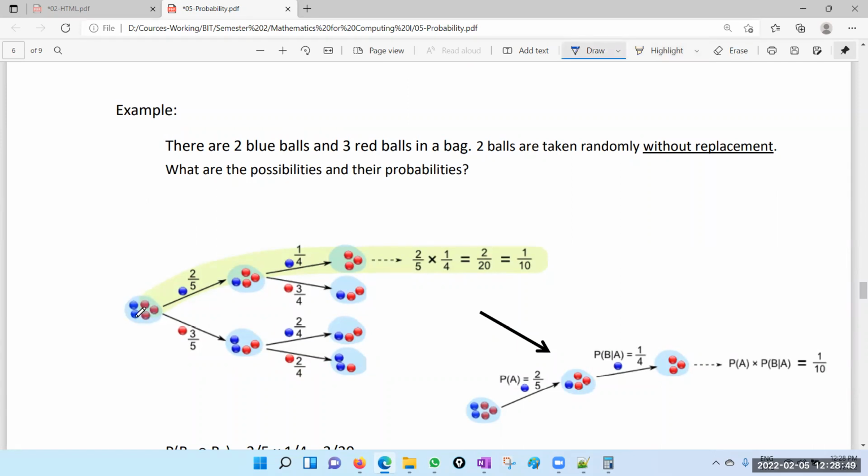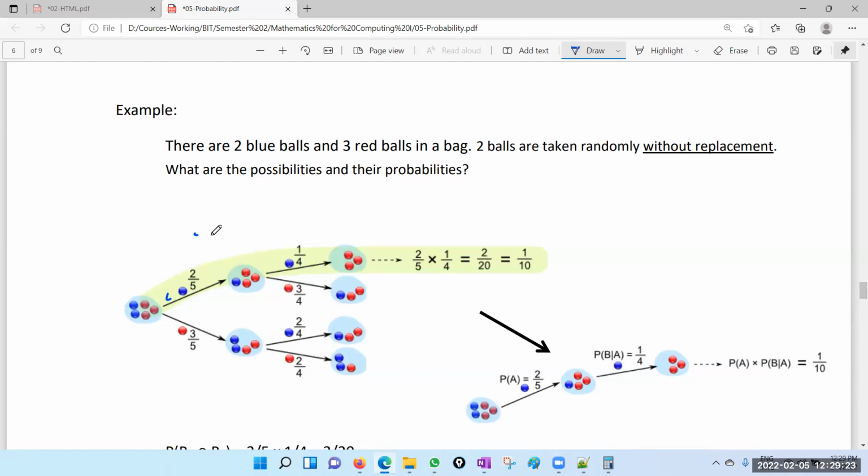But if the first take is blue ball, now you don't have 5 balls. You have only 4 balls, and out of that you have only 1 blue ball. And if the first take is red ball, now you have 4 balls, and we have 2 red balls and 2 blue balls. So therefore, definitely these are not independent. So the second take depends on the first take.